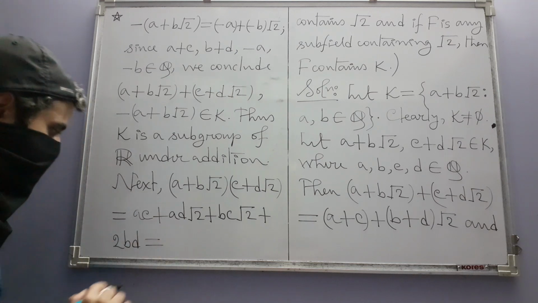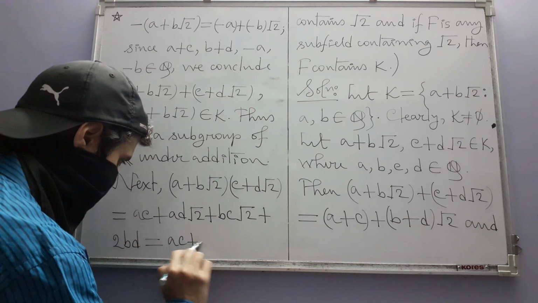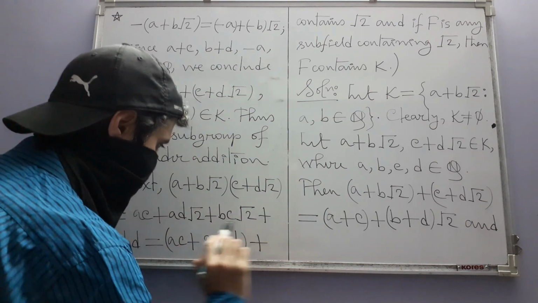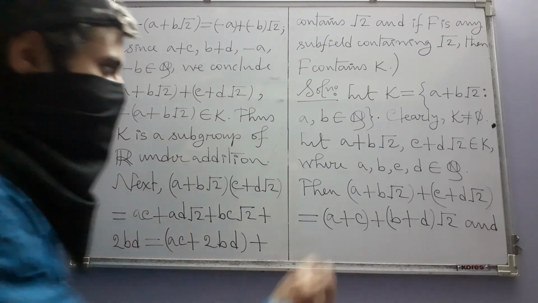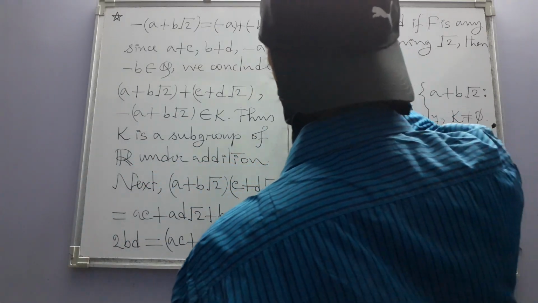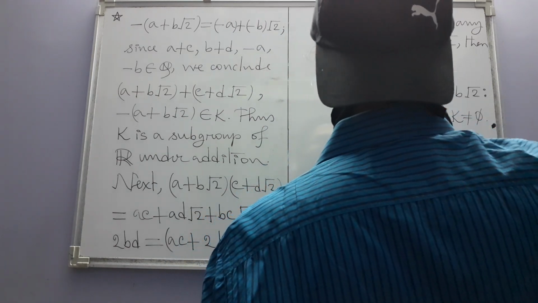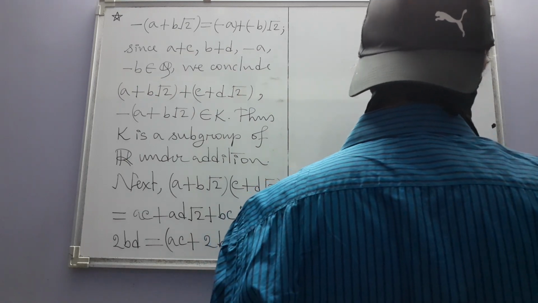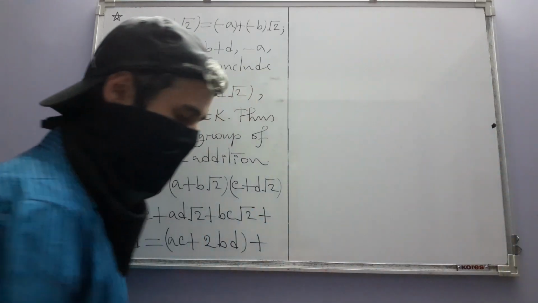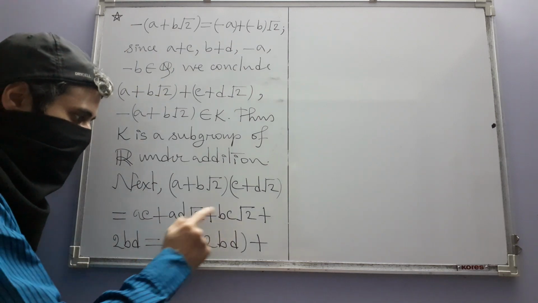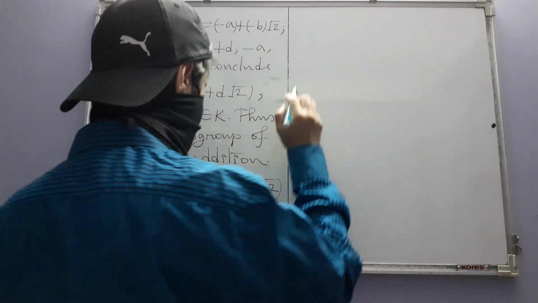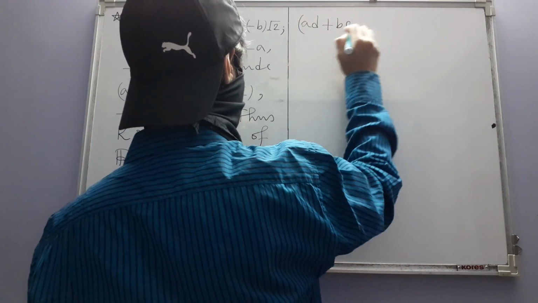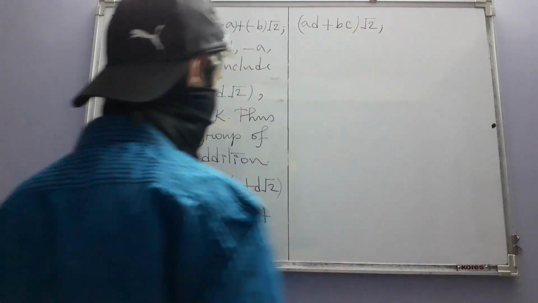And now if you rearrange the things a little, you are going to get ac plus 2bd plus, from these two terms you take root 2 common out, and that gives you ad plus bc root 2.